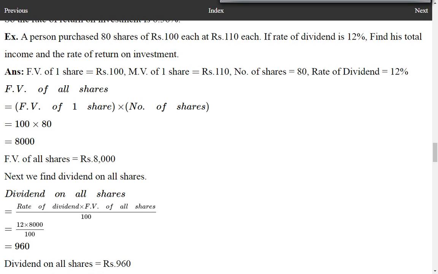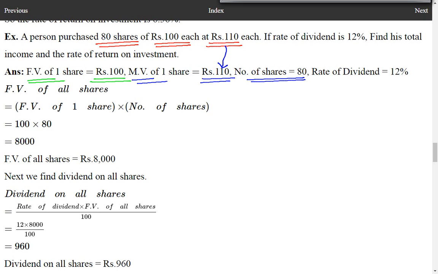First example: a person purchased 80 shares of rupees 100 each at rupees 110 each. So what is the meaning? Face value is rupees 100, market value is rupees 110, and number of shares is 80.